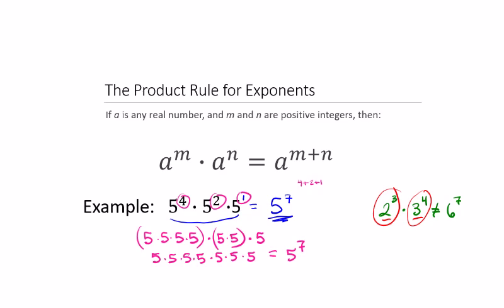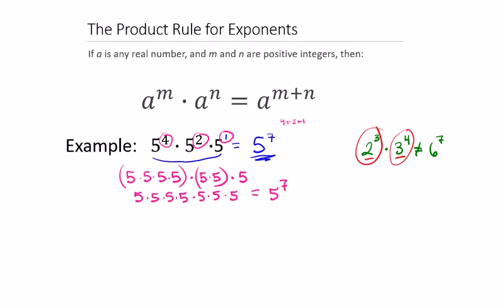All right, the other non-example that I want to show you is also a common misconception. It's where let's say I have 2 to the 3rd times 2 to the 5th, right? Sometimes people try to multiply their bases and add the exponents, and that doesn't work. So this is not going to be equal to 4 to the 8th, right?